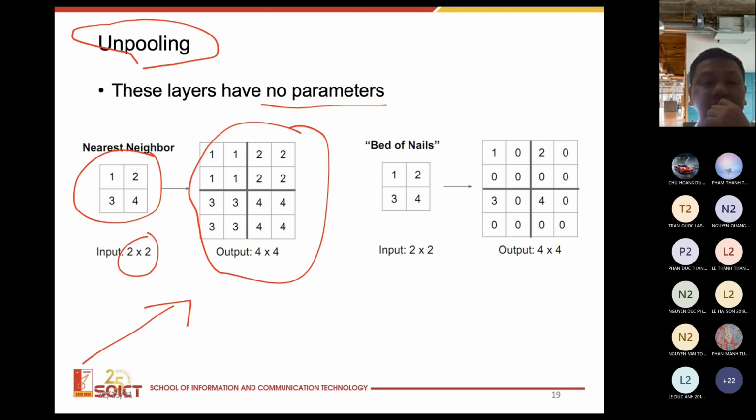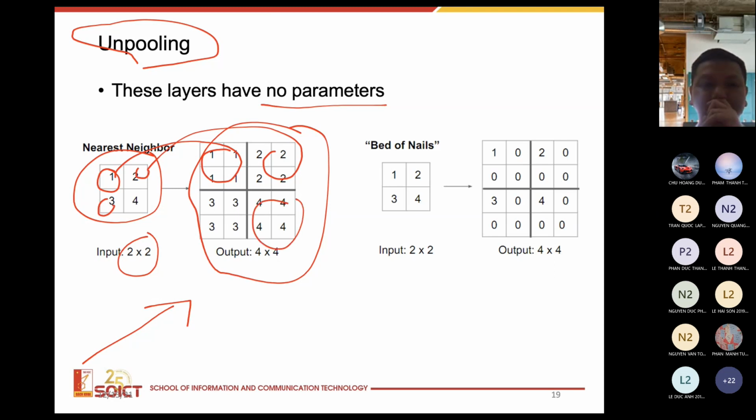This is the idea of unpooling. We can replicate a value in the initial input to the 4 locations in the output. For example, the 1 here can be replicated in this region, the 2 here we replicate into this region, and the same for number 3 and number 4.